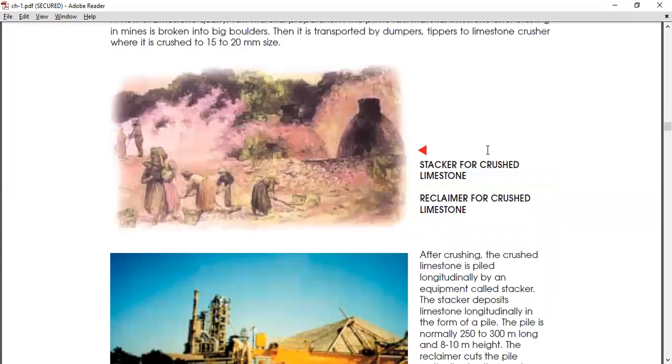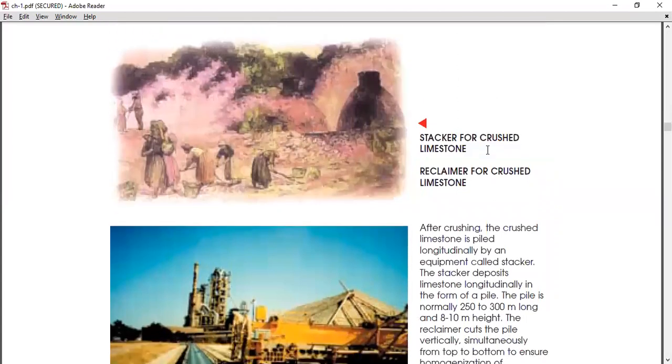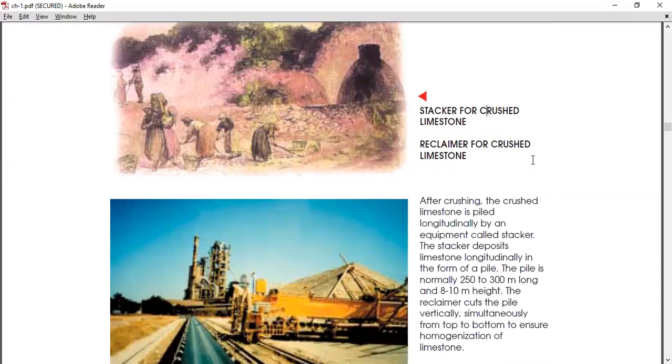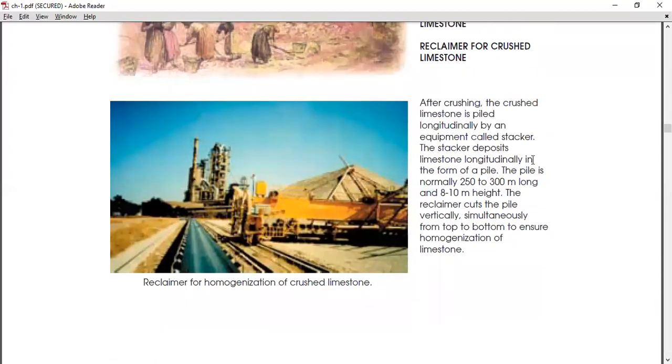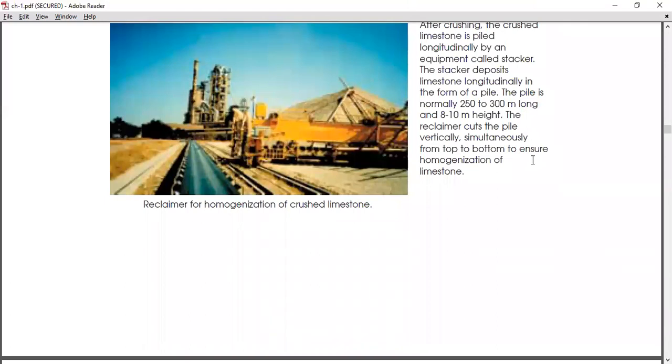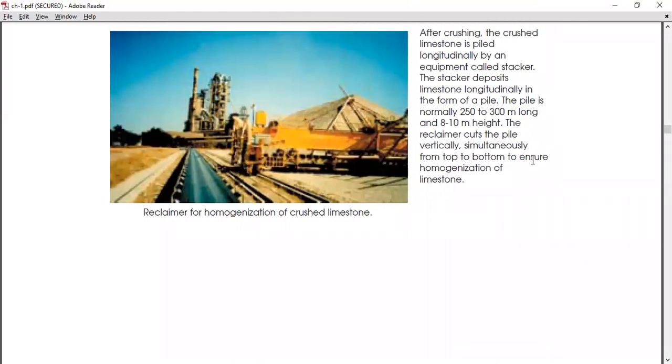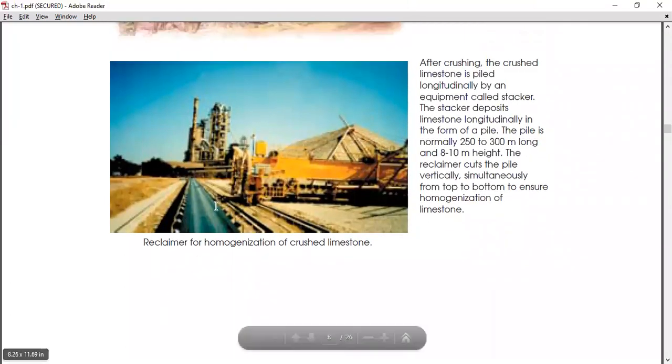This is an old-time picture of a stacker for crushed limestone. This is the belt conveyor and the crusher.